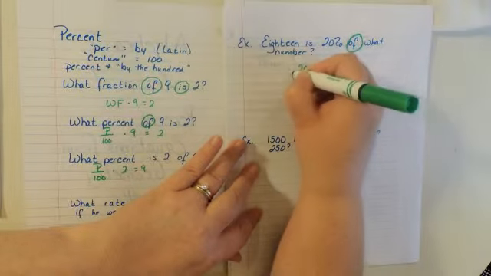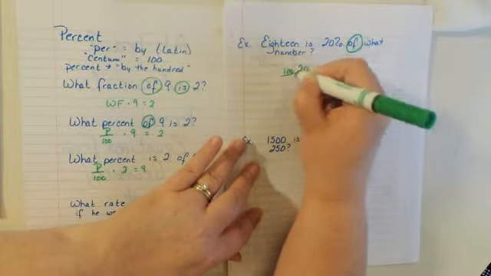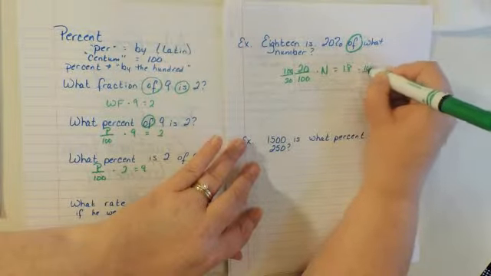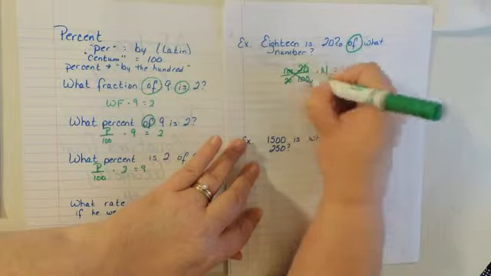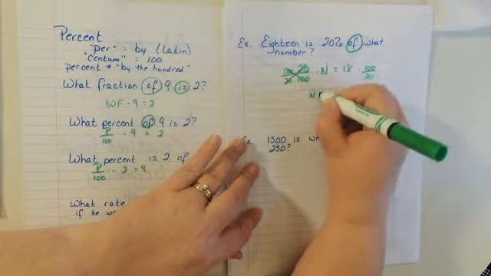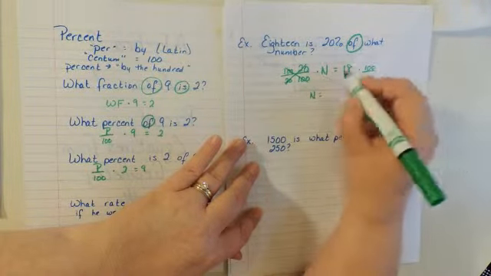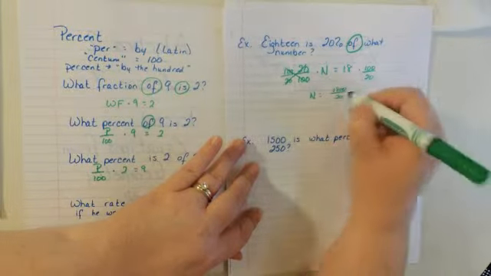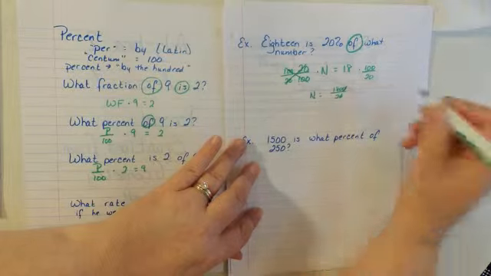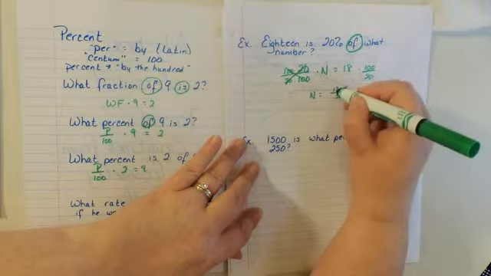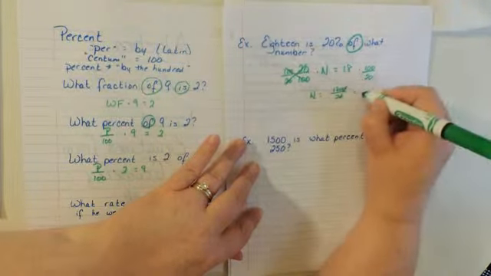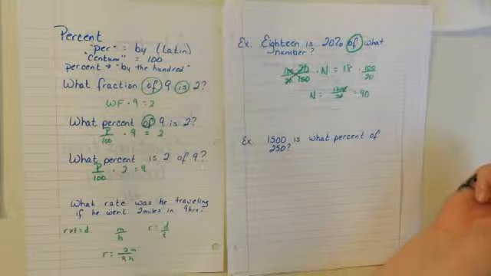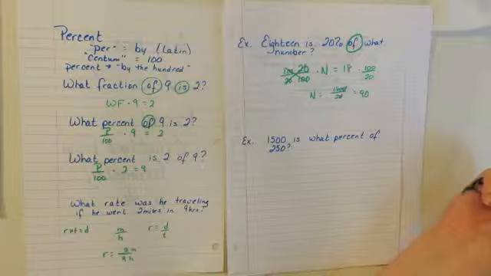To find the answer, we multiply times the reciprocal on both sides so that these cancel, and we have n equals 1800 divided by 20. We can get rid of one of the zeros on each side. We have 180 divided by 2 is 90. So 18 is 20% of 90.